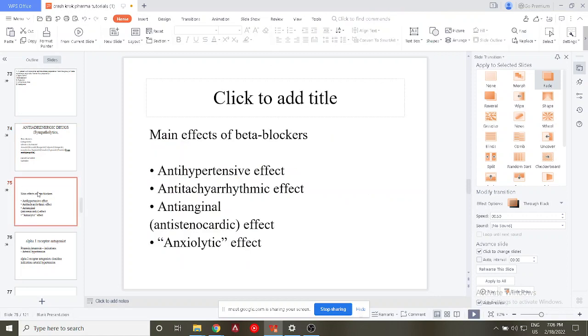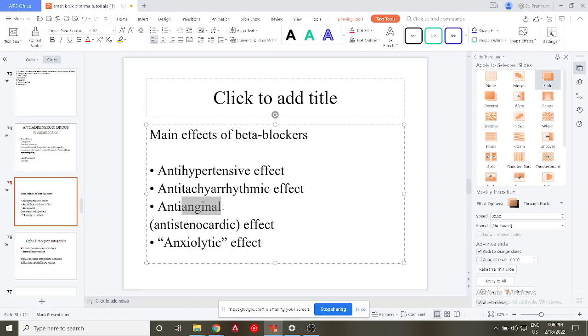Okay, moving on. The main effects of the beta blockers are the antihypertensive, the antiarrhythmic, anti-anginal, and anxiolytic effect. So who can tell me the meaning of the word angina? Someone answer first, please. Constriction of vessels within the chest.